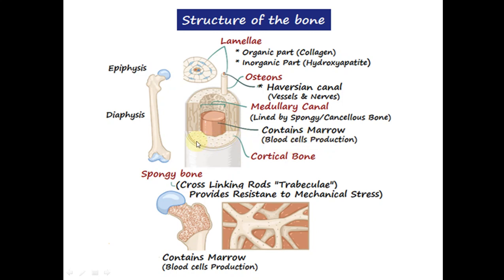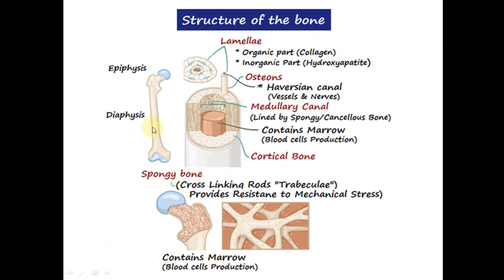The outer hard lamellar bone is known as the cortical bone, and the inner bone, which consists of trabeculae, which are cross-linking rods, is the spongy bone. These trabeculae, which are rod-like structures, provide resistance to mechanical stress, particularly in the weight-bearing bones.